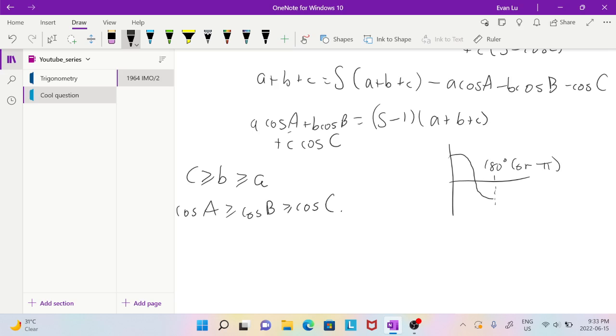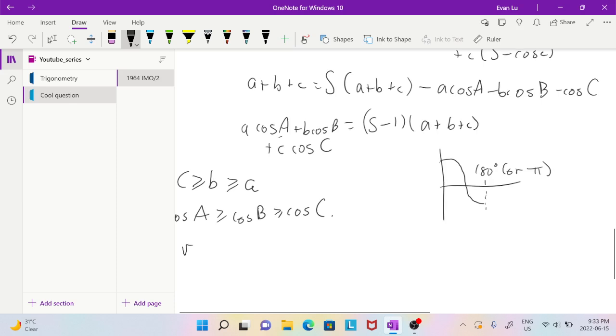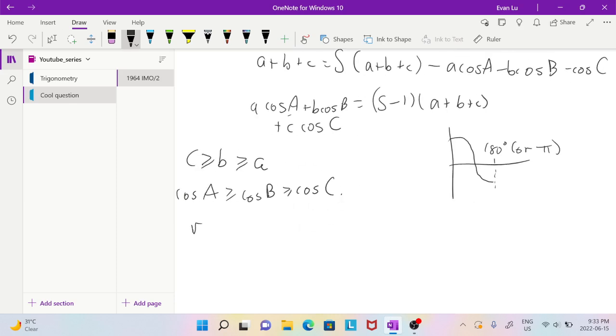Okay, and now let's consider something. Let's say that I took these three numbers a, b, c, and I had to multiply each of them by one of cos A, cos B, or cos C. All right, so the expected value of this kind of experiment: remember I'm choosing one of these, and I'm multiplying by one of these, and then I'm doing that 3 times, and they should all be different.